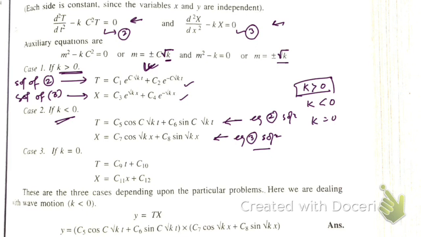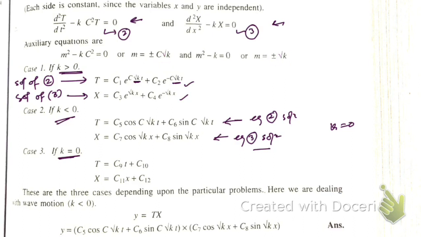So that is for complex roots. Now if k is equal to 0, in these two cases, your m1 and m2 are going to be equal to plus minus 0. That means simply 0, so m1 equals m2 equals 0.